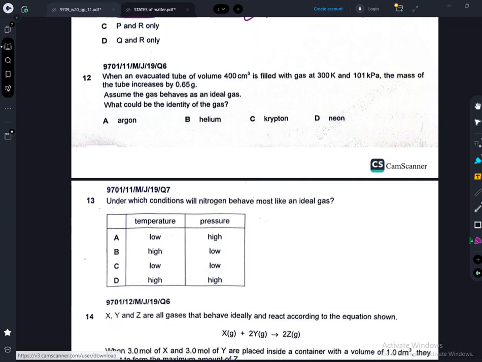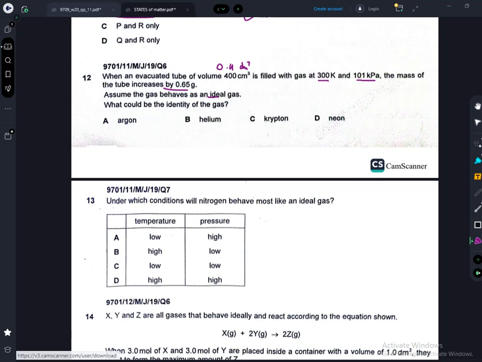So question number 12: an evacuated tube of volume 400 centimeter cube, I'm going to convert this straight into decimeter cube first, which is 0.4 decimeter cube, divided by 1000, is filled with a gas at 300 Kelvin and 101 kilopascal. The mass of the tube increases by 0.65 grams. What could be the identity of the gas?